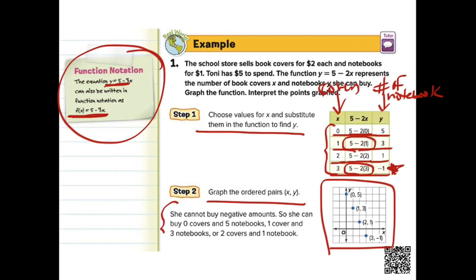If we look at our note here, she cannot buy negative amounts. So she can buy 0 covers and 5 notebooks, 1 cover and 3 notebooks, or 2 covers and 1 notebook. So if we look at these 3 right here, those are the only 3 possibilities of what kind of combinations of purchases that she can make. If I continued to the left, I would end up with something else in the negative. Okay, that wouldn't work either.